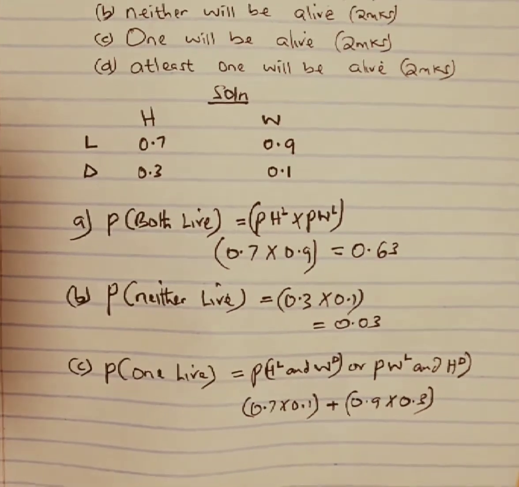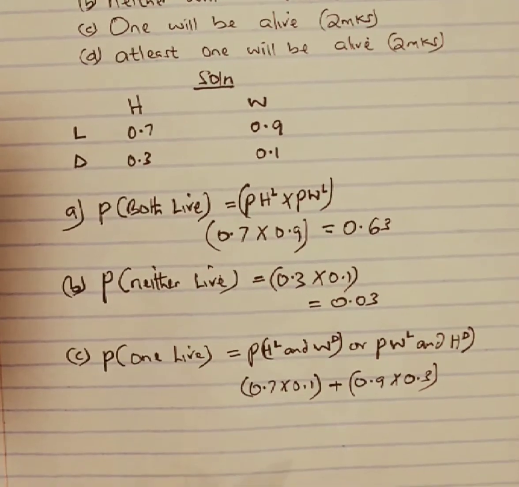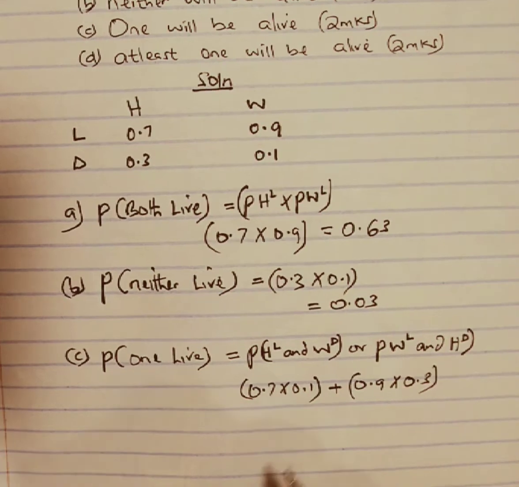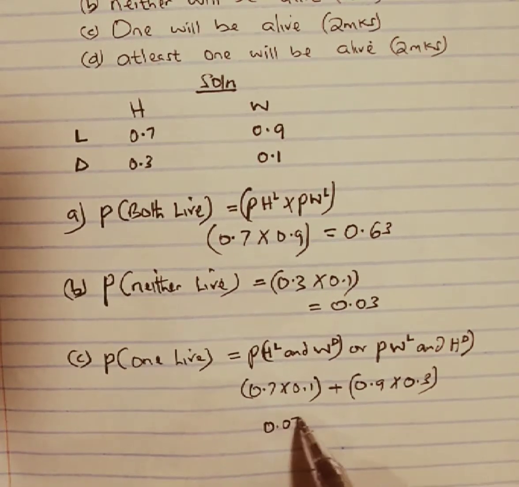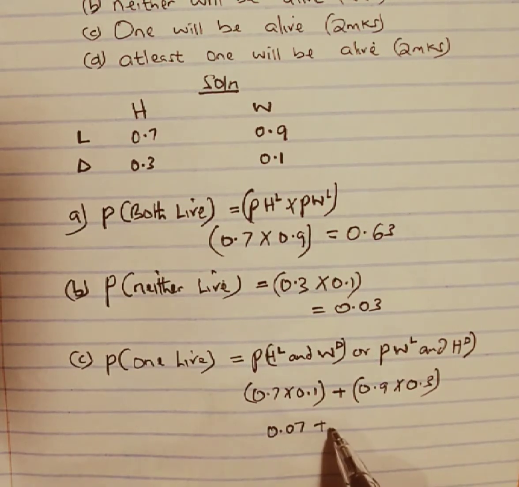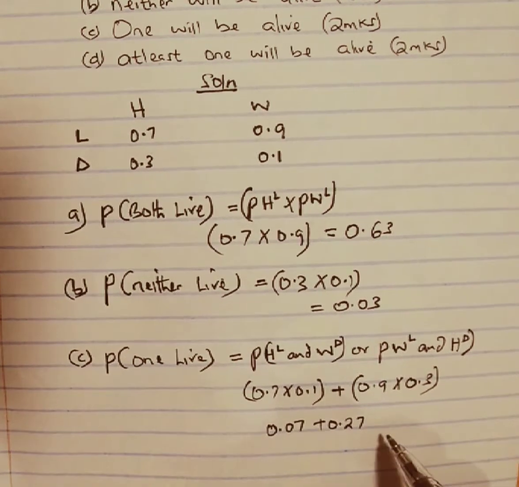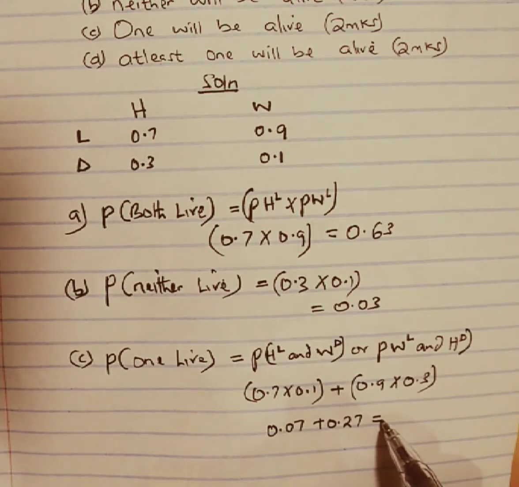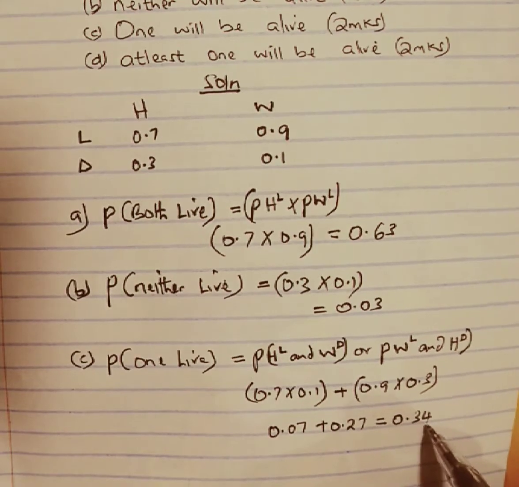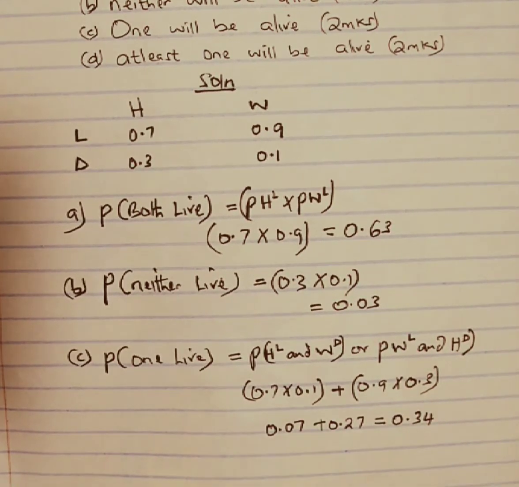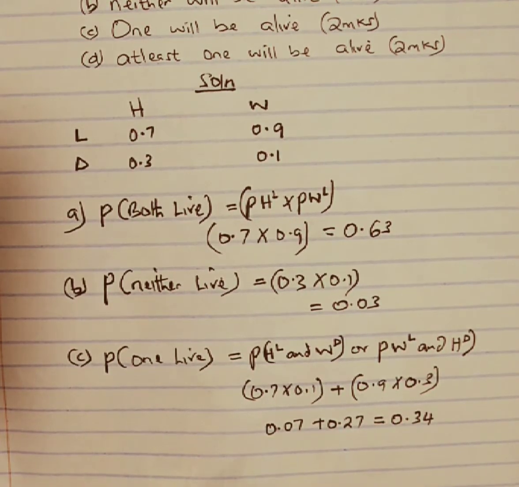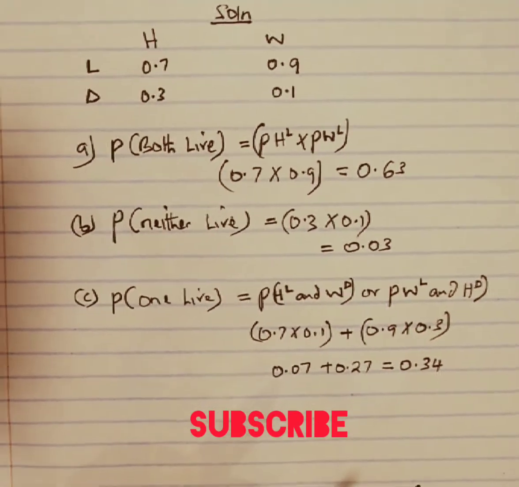Moving down, we are going to have 0.7 times 0.1, which will give us 0.07. We add 0.9 times 0.3, you get 0.27. And when you add the 2, you'll get 0.34 as the probability of one of the two living in the next 25 years.